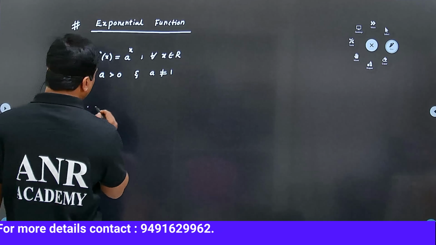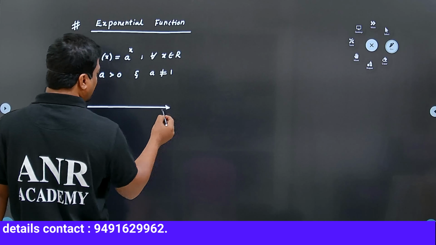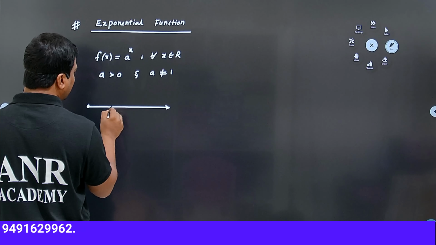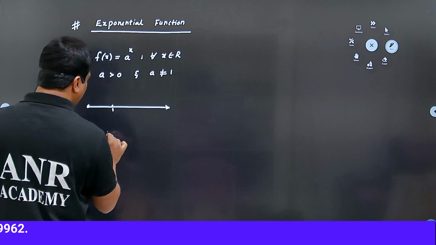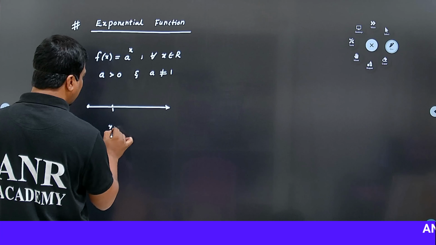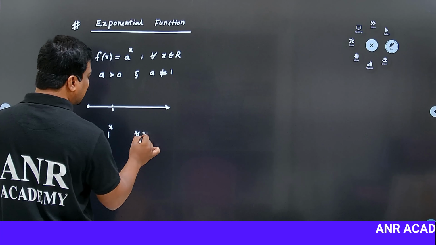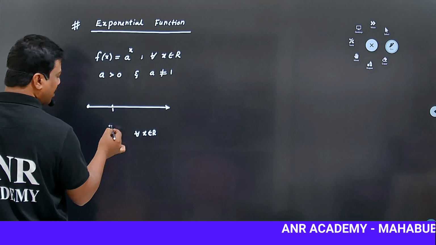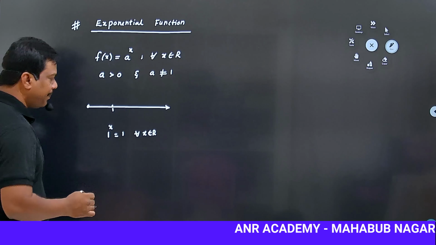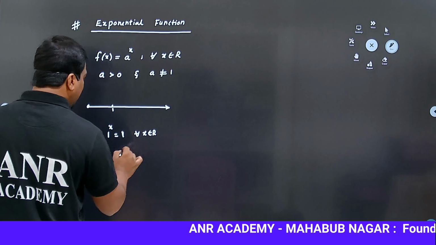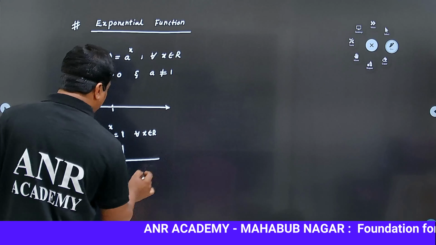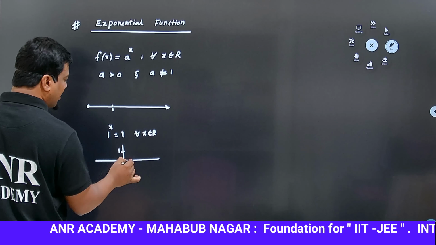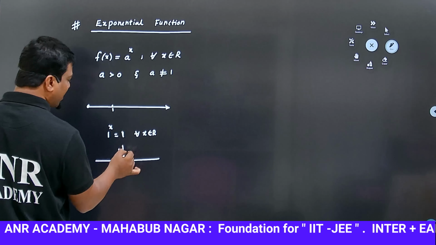And you know that suppose base value, if it is equal to 1, then what happens? In case base value 1, then for all x belongs to R, whatever the real value you write here, it gives the result 1. Observe the graph. If you put x value 0, 1 power 0, 1. If you put x value 1, 1 power 1, again 1.